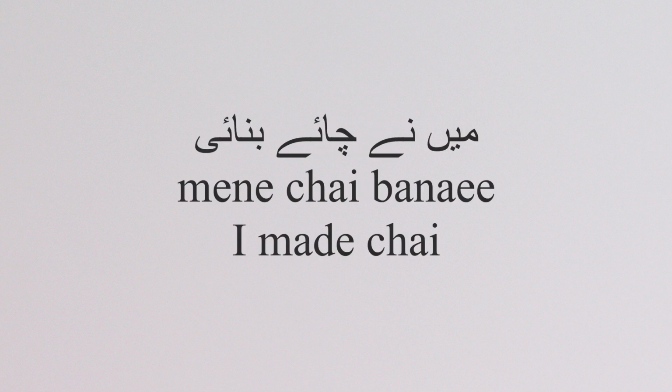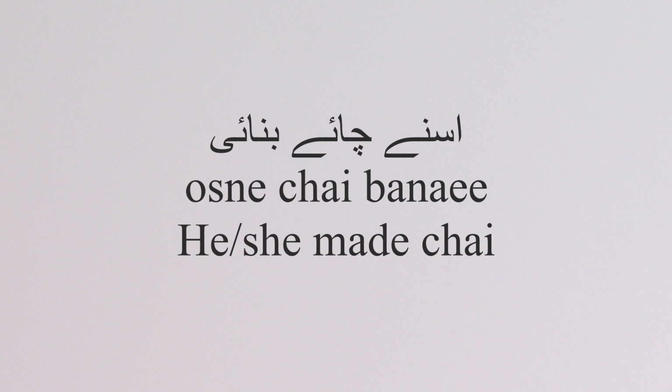Chai is feminine and it's also one. Maine chai banai. Usne chai banai. She made chai. Or it can also be he, because at the moment in this sentence we can't really determine the gender of the subject. So it just depends on the context and real life situation.